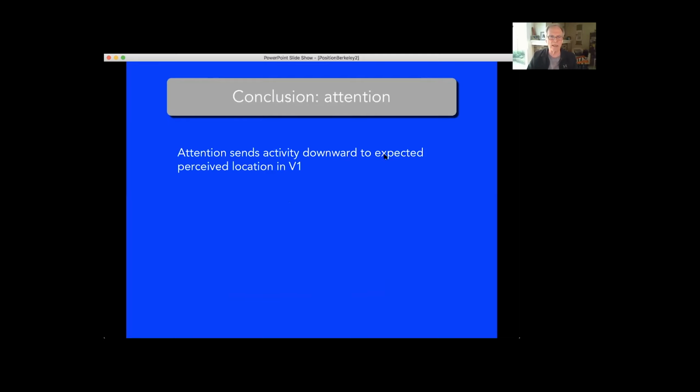Okay, but there's another point about attention here. Attention, we're saying, sends downward activity to the expected perceived location in V1. And that's a problem. So really attention is everywhere. It's doing lots of good stuff, of course, telling every part of the visual system where the perceived location should be, so that those cells could get a boost.